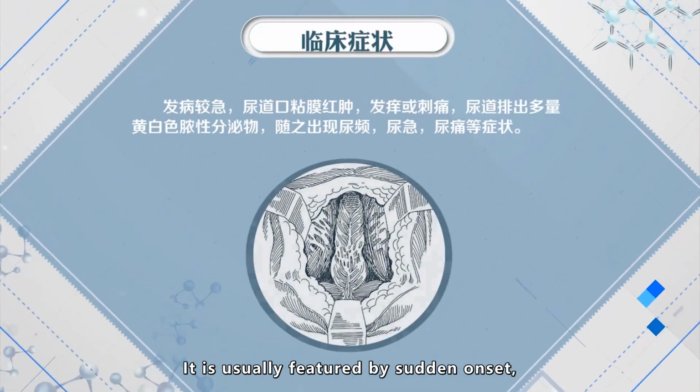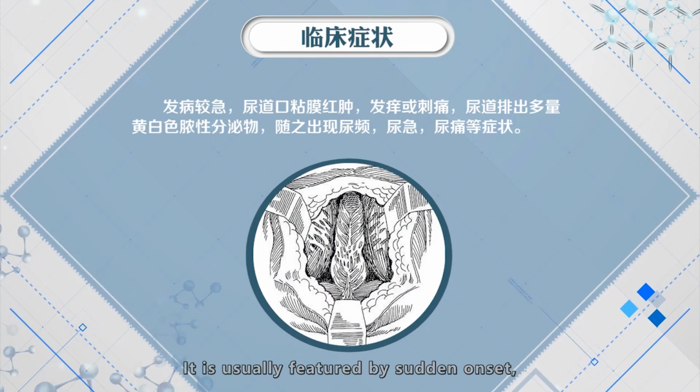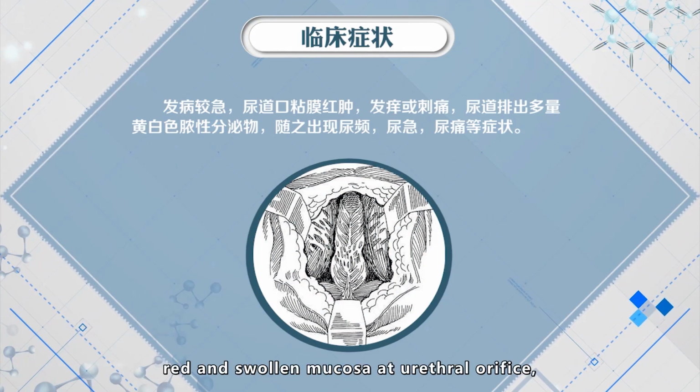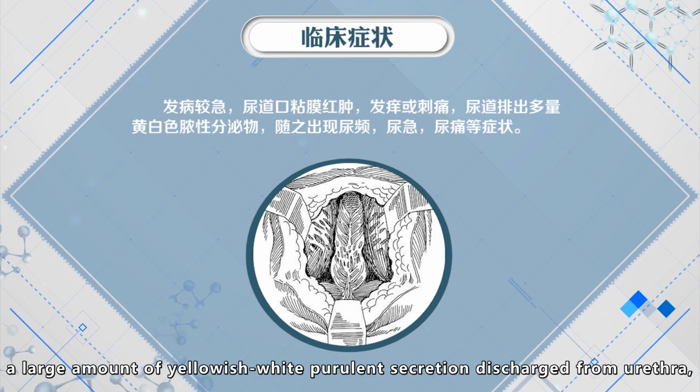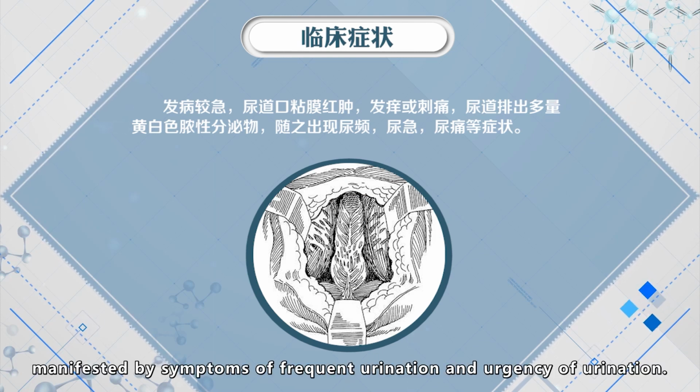It is usually featured by sudden onset, red and swollen mucosa at the urethral orifice, itching or stinging, and a large amount of yellowish-white purulent secretion discharged from the urethra, manifested by symptoms of frequent urination and urgency of urination.